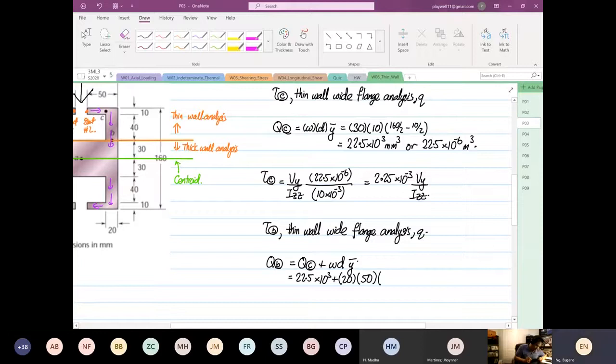So the distance is equal to 160 divided by 2.